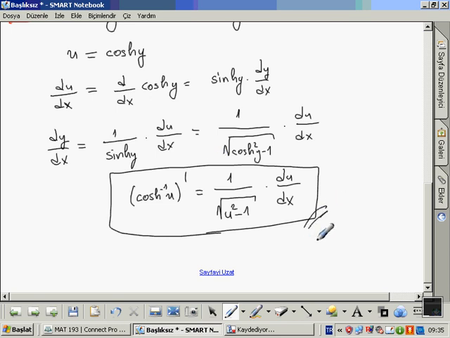Okay, and similarly you can continue with some integration.